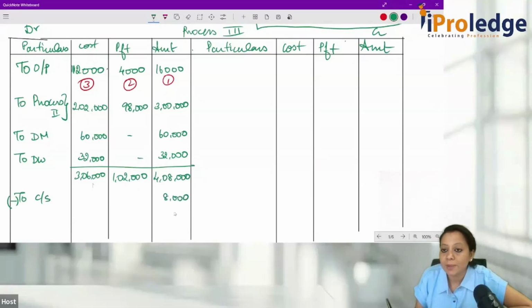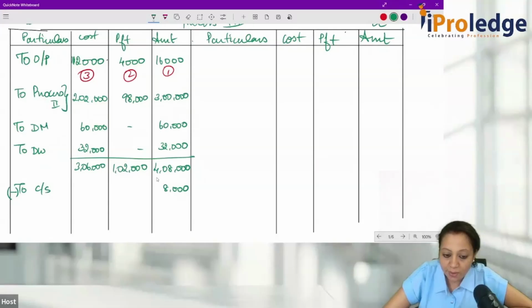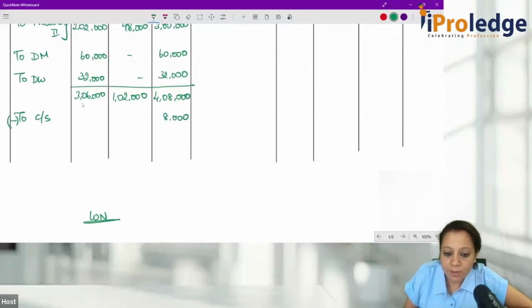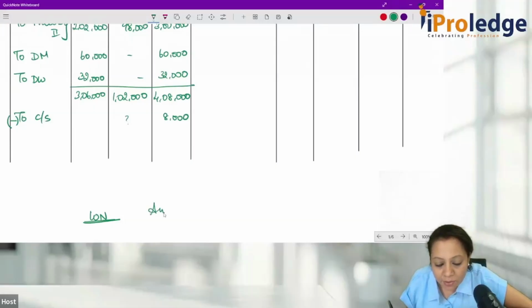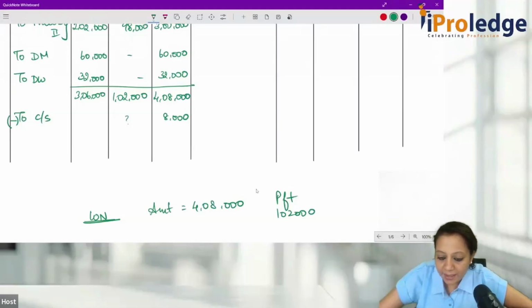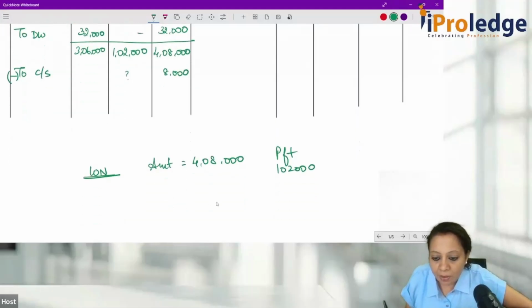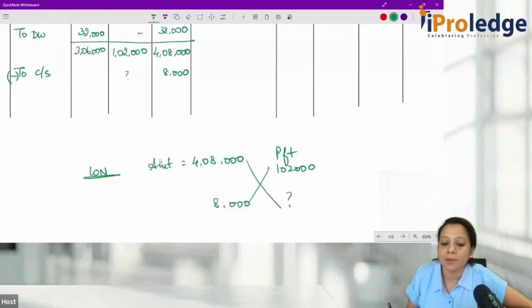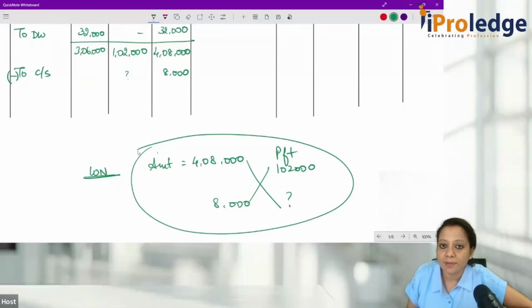Now the working note: we don't know the profit sitting inside the closing stock. The amount is 4 lakh 8,000, out of which the profit is 1 lakh 2,000. That means if the amount is 8,000, how much is the profit? That is how we should calculate.